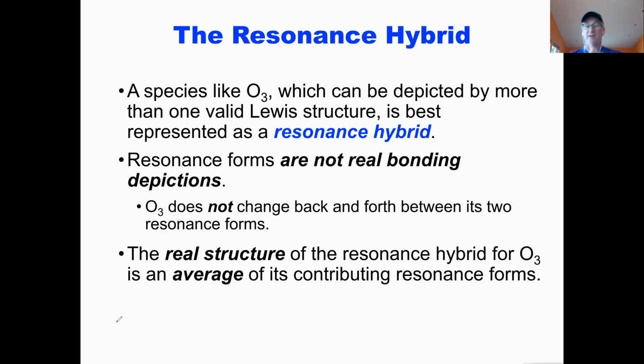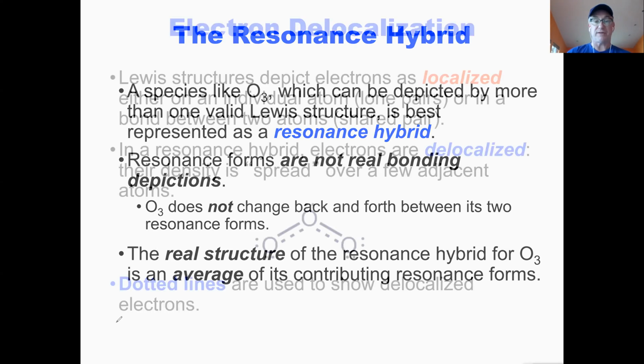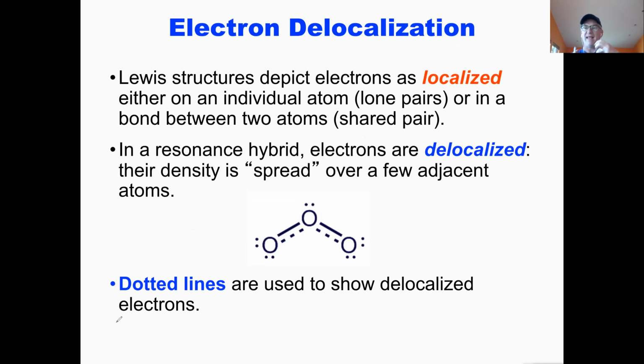So just remember, though, resonance forms aren't real depictions, because ozone doesn't really change back and forth. We don't have a pair of electrons moving rapidly back and forth so fast that we see basically an average. The real structure looks like the average, but we'll see what it actually is, an example of what's called delocalized electrons.